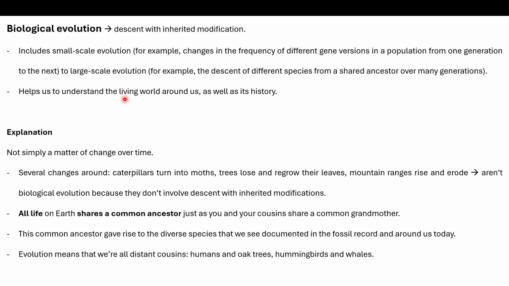So what is the explanation given for biological evolution? It is not simply a matter of change over time.